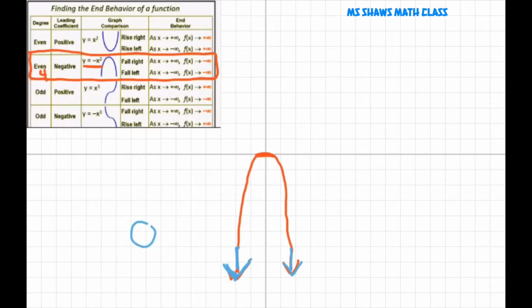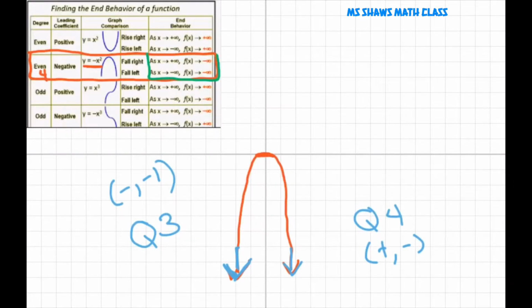And we're starting in quadrant 3, and we're going to end in quadrant 4. That means we have negative, negative in quadrant 3, and we have positive, negative in quadrant 4.